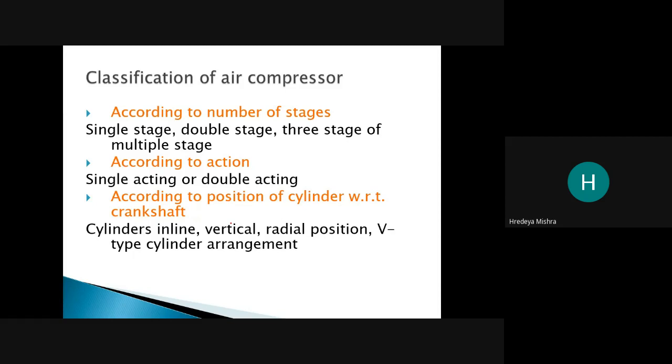According to the action, what are single acting and double acting? If we compress the air by single action, meaning one-way direction, and we compress the air in double action, meaning in two ways, that is double acting air compression.